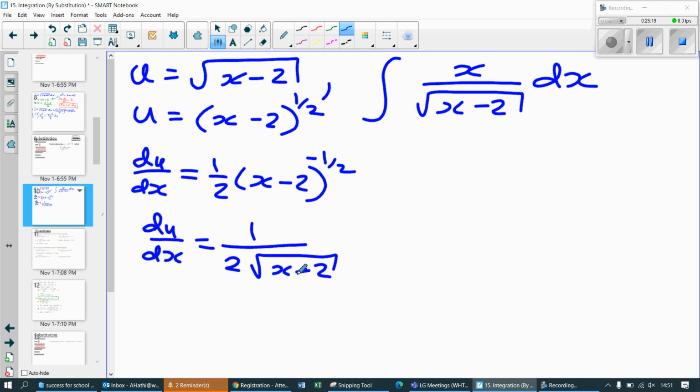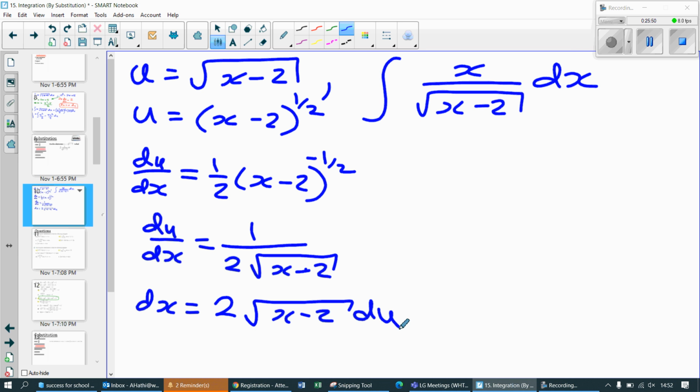So dx is going to be 2 root x minus 2 du. Right, any questions?